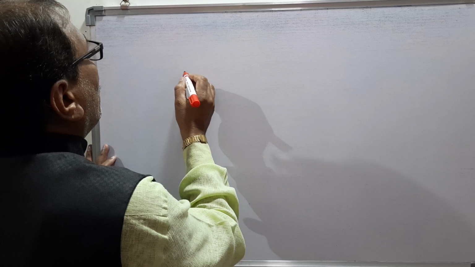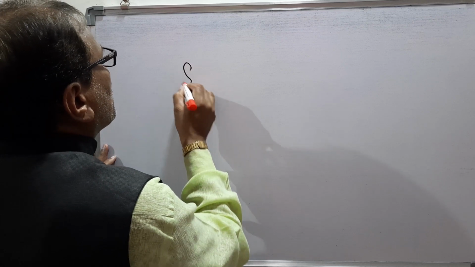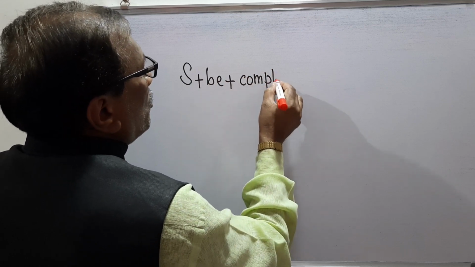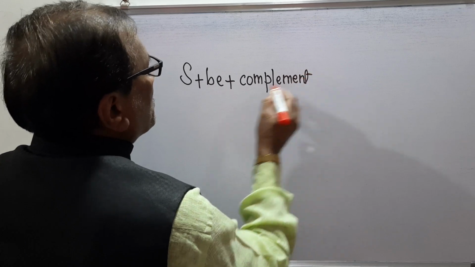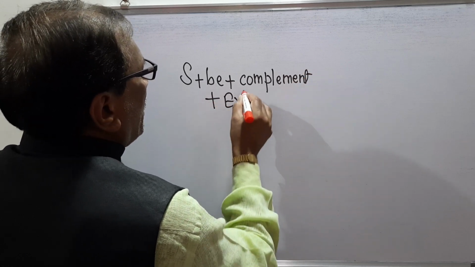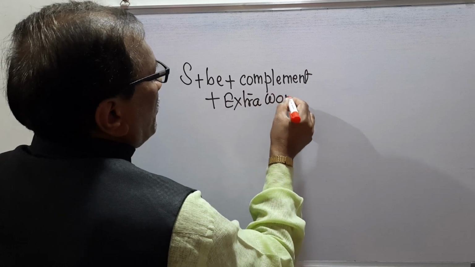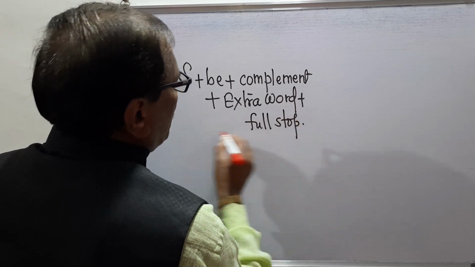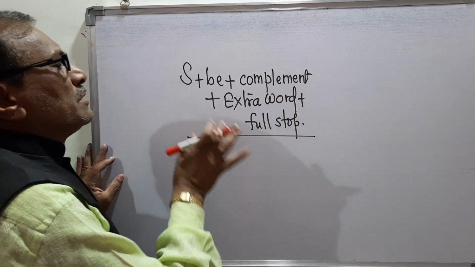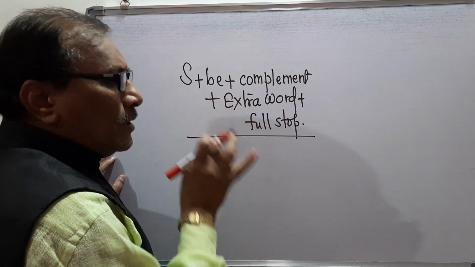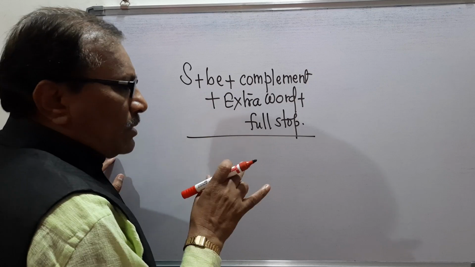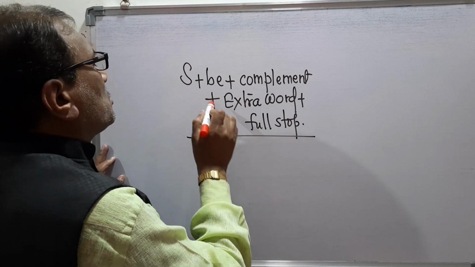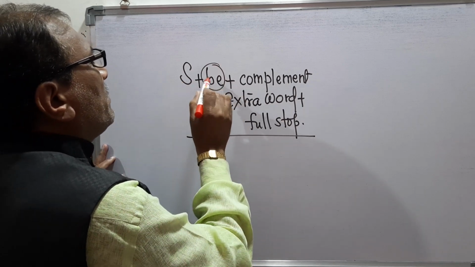So remember, here I will give you one structure, and that structure is subject plus be plus complement plus extra words plus full stop. This is the structure for the primary verbs used as the main verbs. So subject plus be means what?